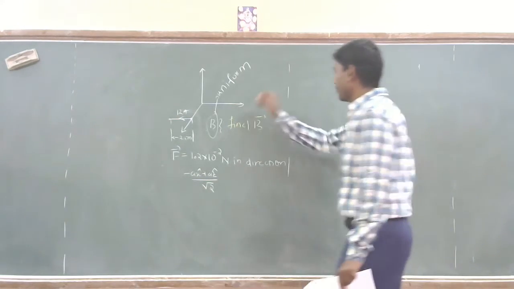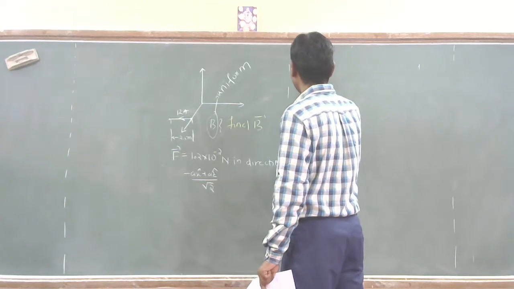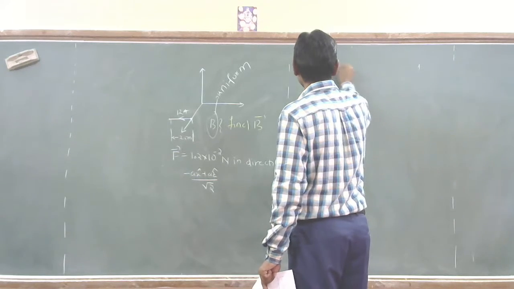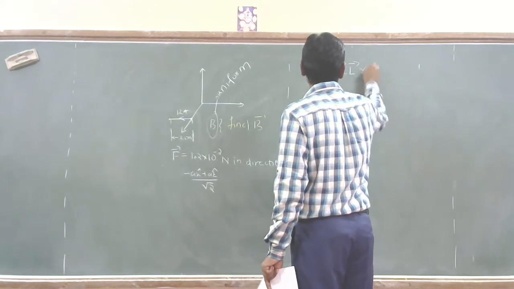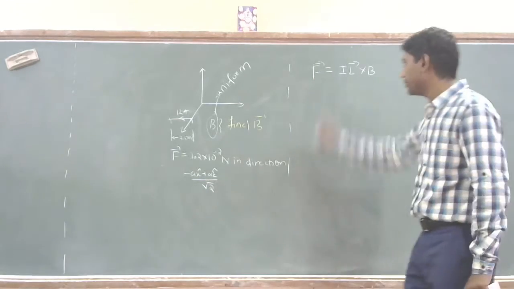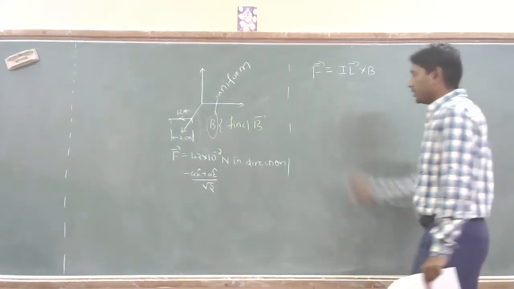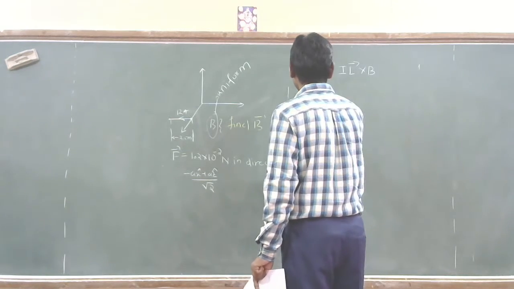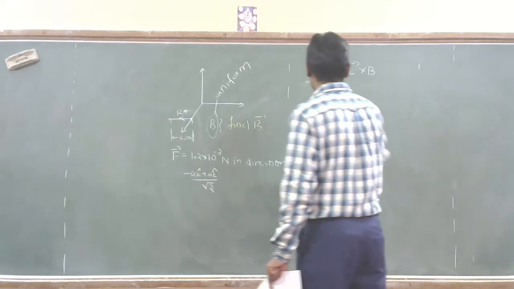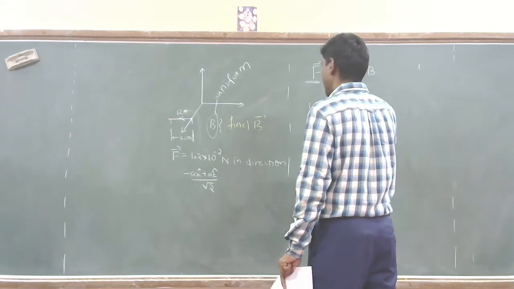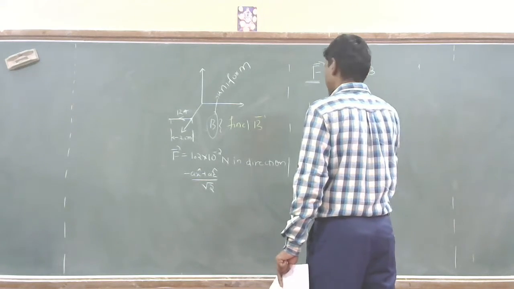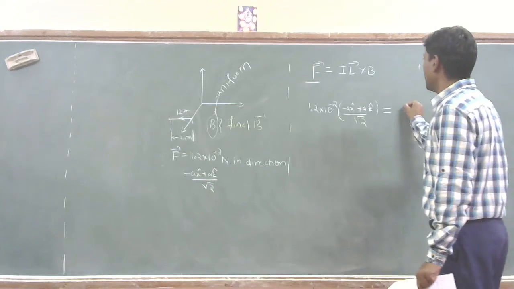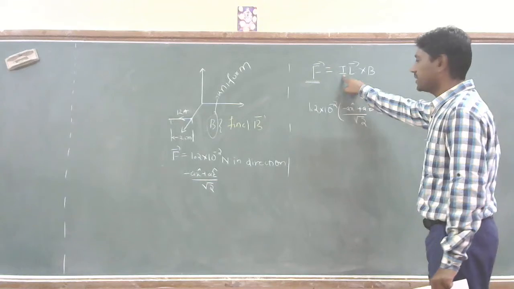Okay. So we know that the force on the filament in a uniform magnetic field is given by F equal to I L cross B. So we know what is on the left hand side. It is 1.2 into 10 raised to minus 2, into minus ax hat plus az hat divided by root 2, and this should be equal to I, which is 12 ampere.